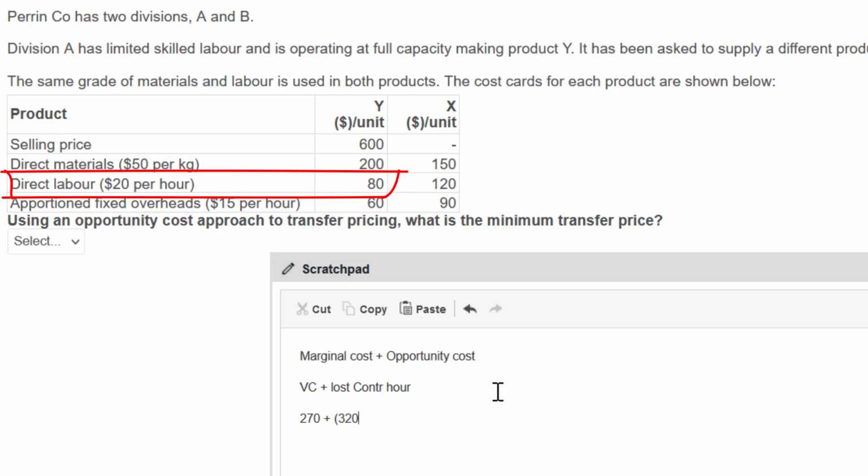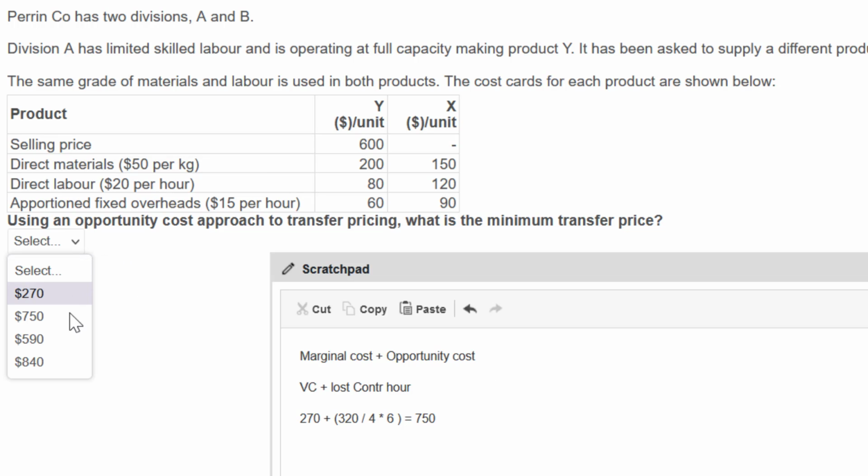So 80 divided by 20 is then 4. Okay? So divide by 4, that's the contribution per hour. And then we've got to multiply that by the hours that will be away from the Y. And we can see 120 divided by 20 is 6. So I multiply that by 6, and that will be my minimum transfer price. And that answer comes to $750. Answer, guys, is the second option.